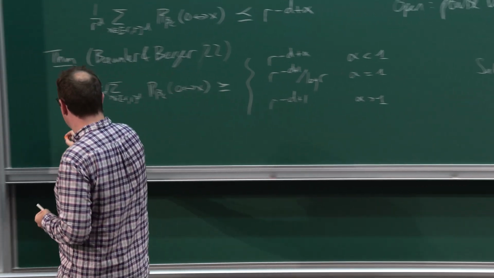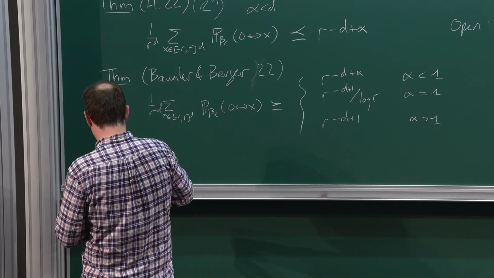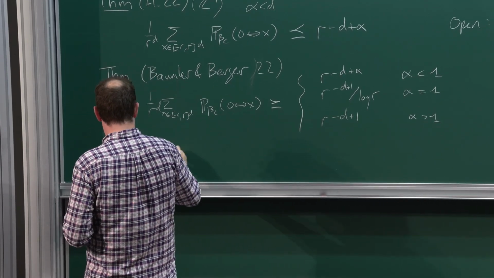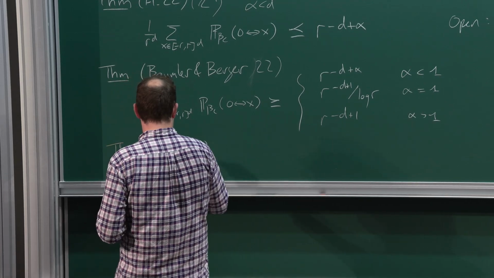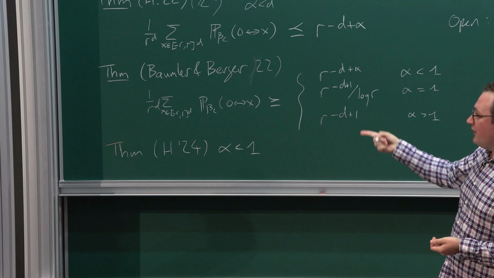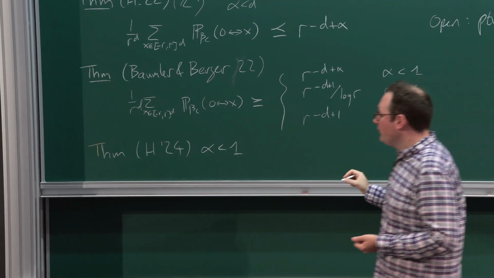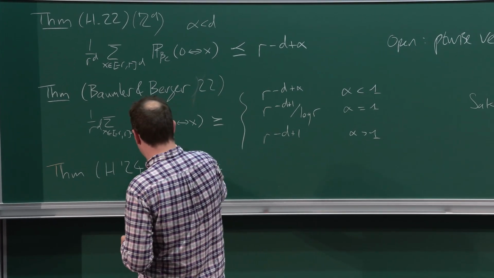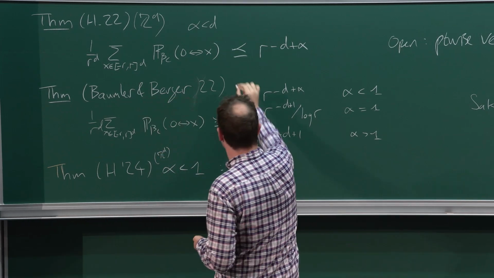Okay, and last year, I showed that under this same assumption, and using one of the key ideas that they had in this Baumler-Berger paper, this is ZD again. This is ZD2.